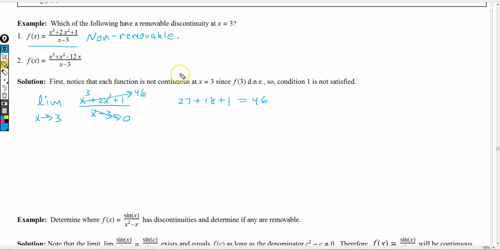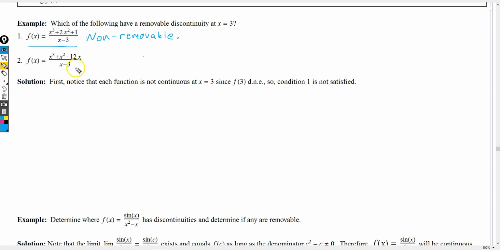All right. Let's take a look at number 2. So for the second function, notice that this is definitely not continuous because f of 3 is undefined. If I put 3 in here for x, I get 0 in the denominator. But let's take a look at the limit of this function.